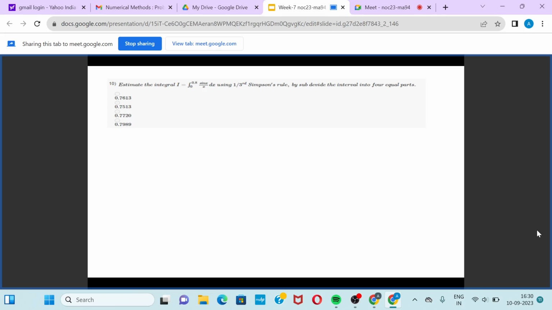So what is the answer you're getting for this integral? 0.7720.